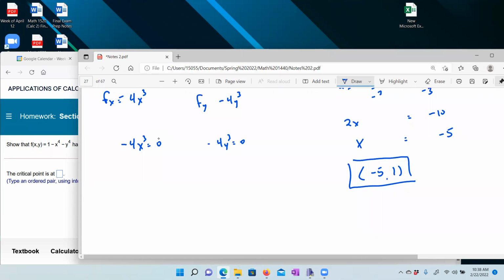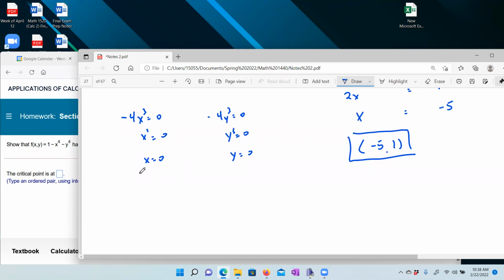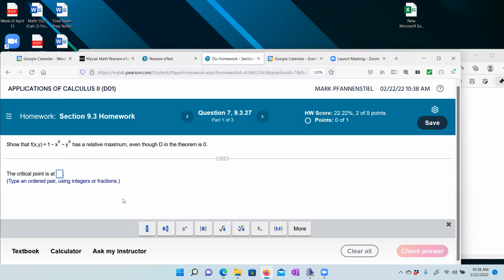We have to solve for x and y. That's x cubed equals 0, y cubed equals 0, so x is equal to 0, y is equal to 0. We can just take cube roots on both sides. So the critical point is 0, 0. That's not too bad, right? So we'll go through and do that.